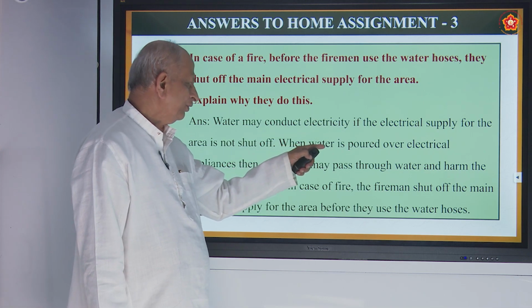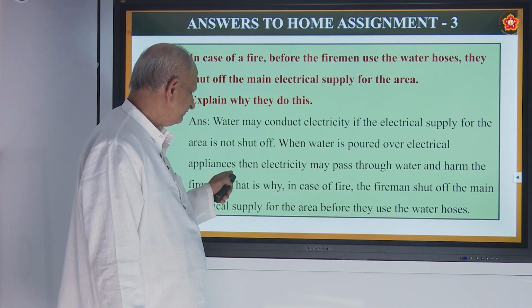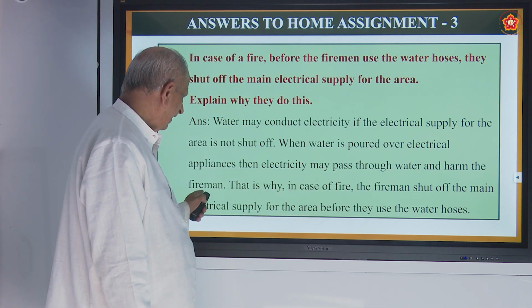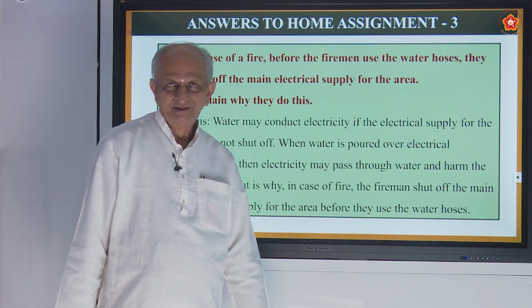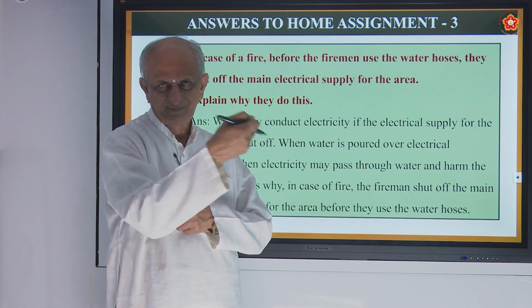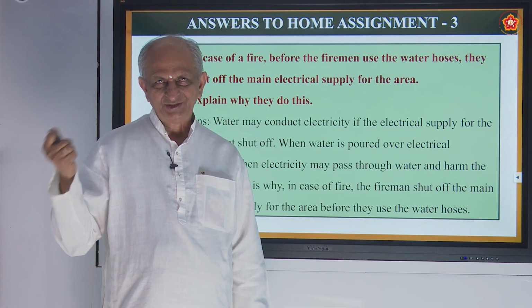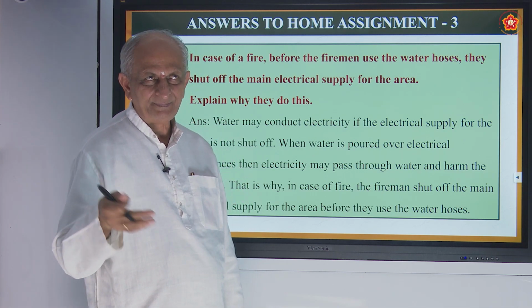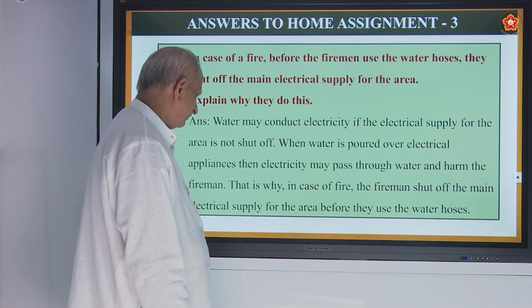When water is poured over electrical appliances, then the electricity may pass through water and harm the fireman. So they will have big hose pipes having water. So if there is electricity coming nearby, that will pass through water and the people who work on that may get shock.